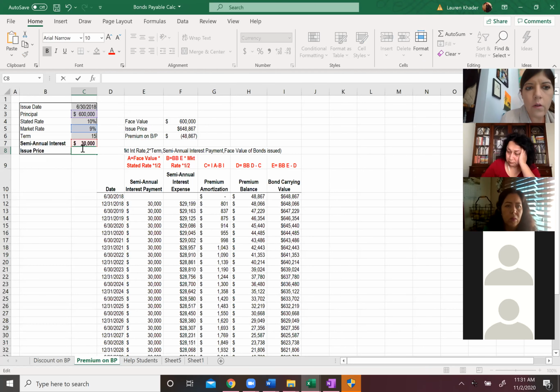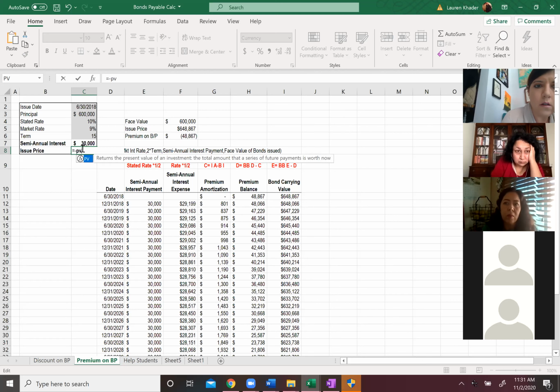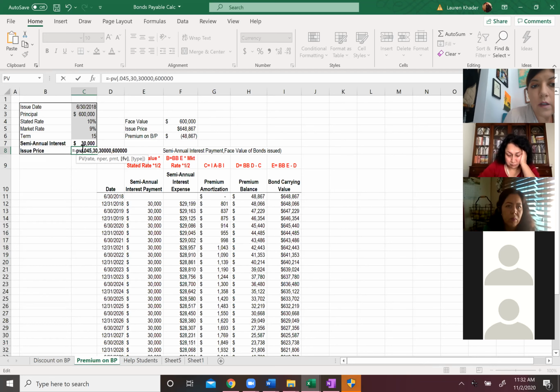So equals negative PV and then 0.045, comma, 30, comma, 30,000, comma, 600,000 is the face value.